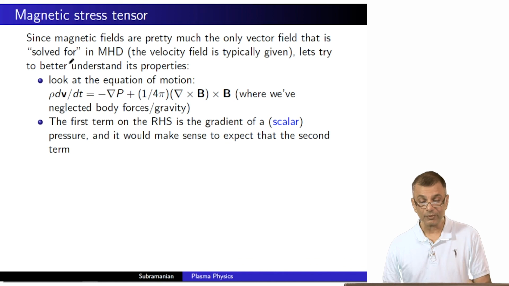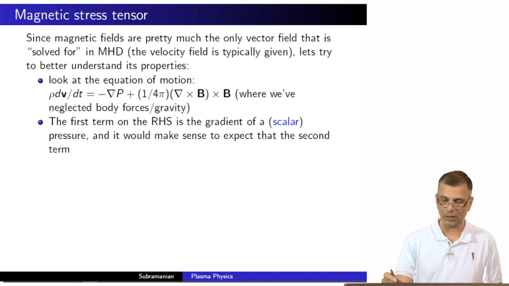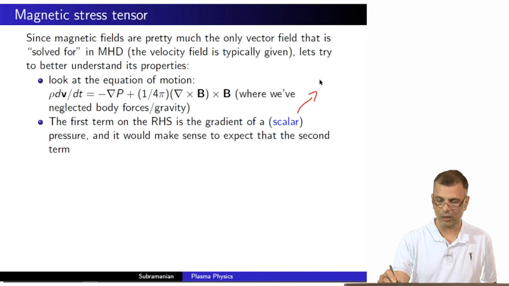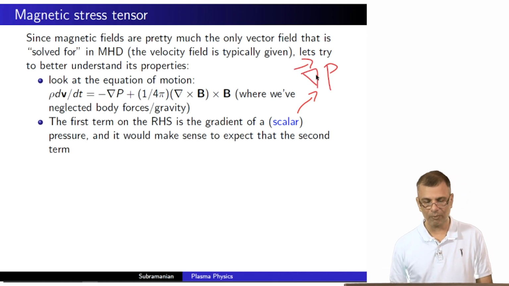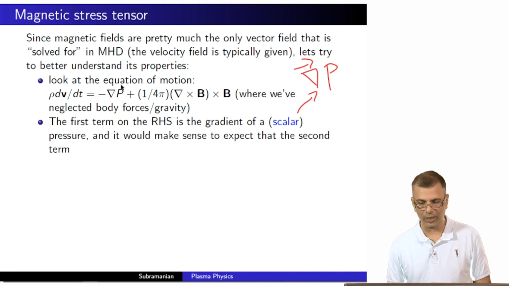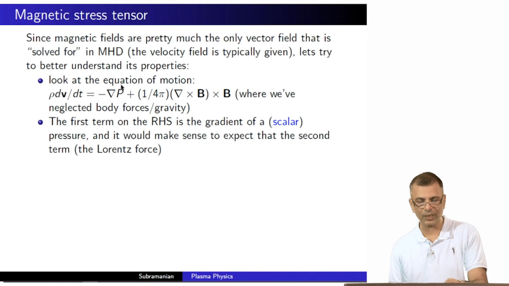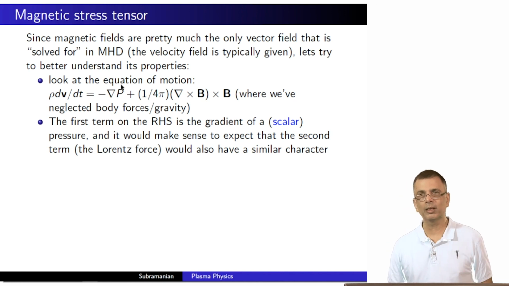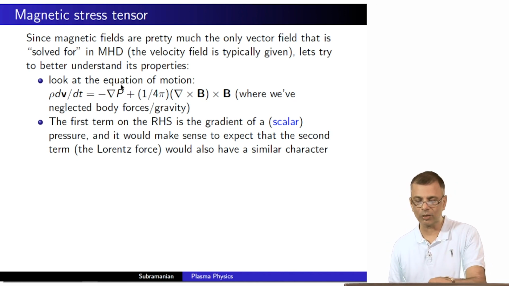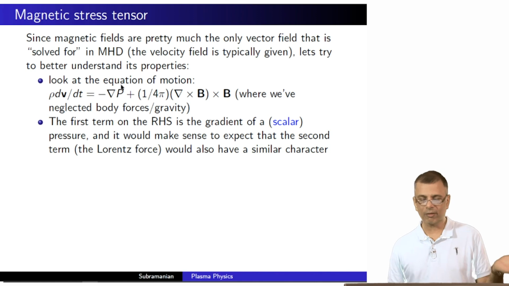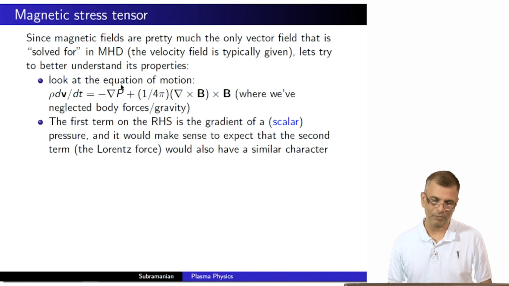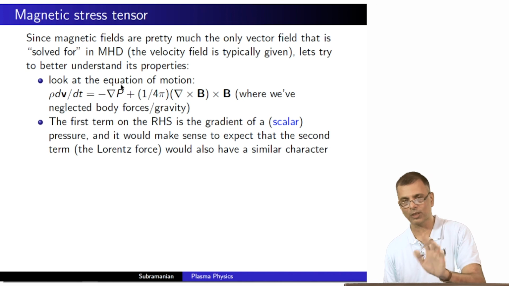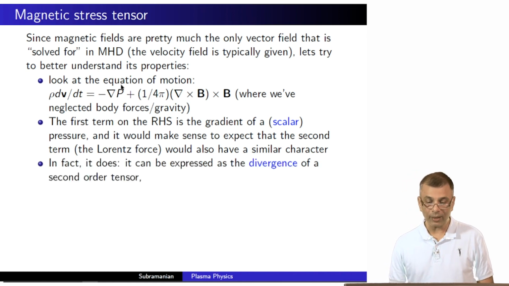And the first term on the RHS is essentially the gradient of a scalar pressure, and therefore it would make sense to expect that the second term, the Lorentz force, should also have a similar character. At the end of the day, this entire term, this curl B cross B, should also look like the gradient of a scalar pressure. In fact, it does.